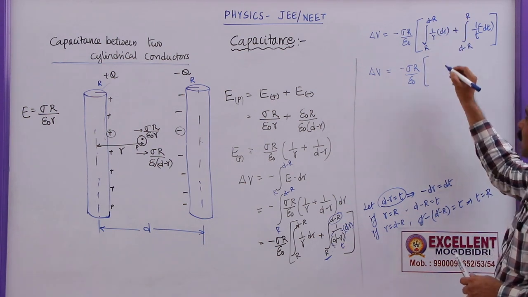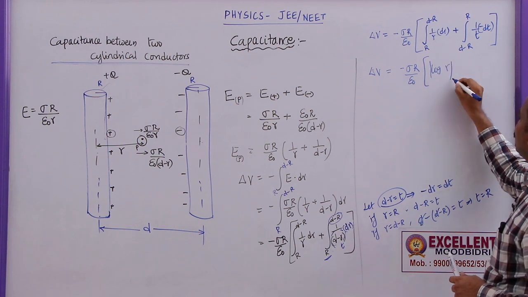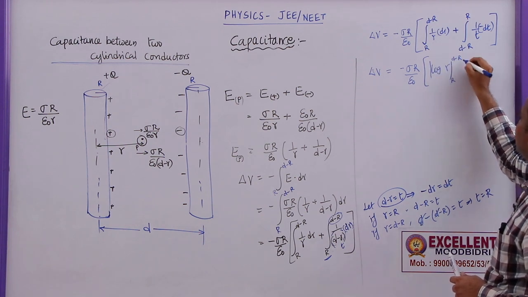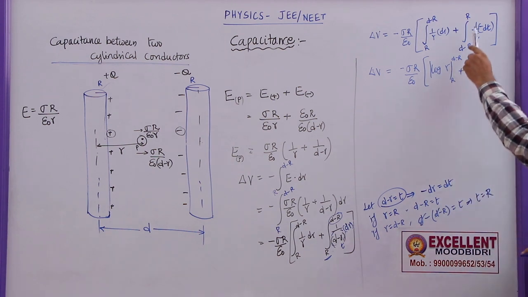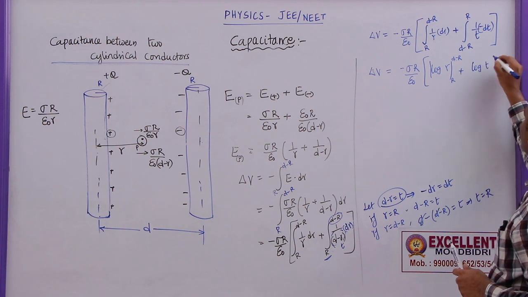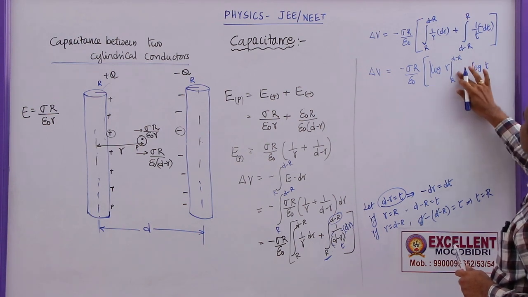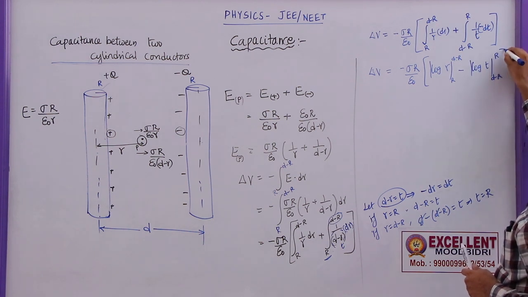The integral of 1 by r dr will be log r, so this is log r with limits R to d minus R, plus this will be 1 by t, that is log t, but this has a minus. So, let me write this as minus log t with limits d minus R to R.